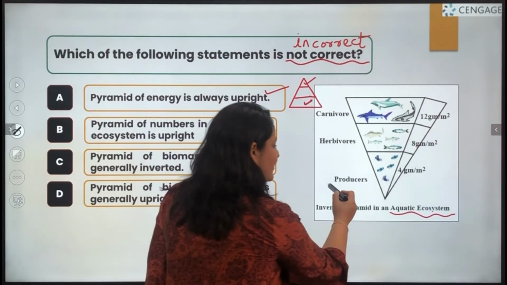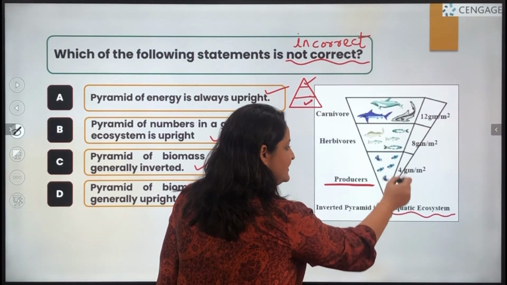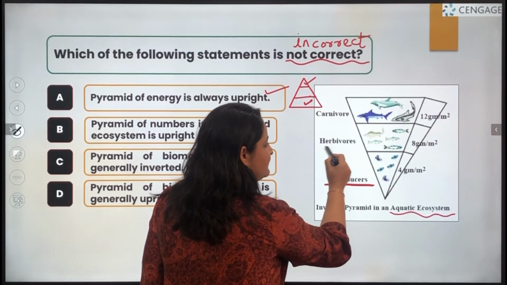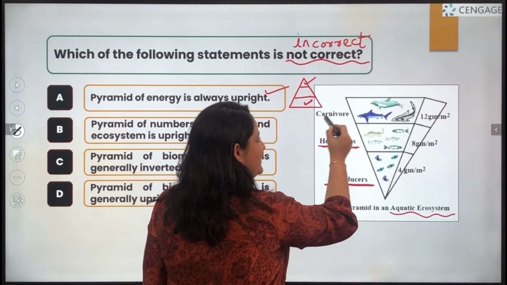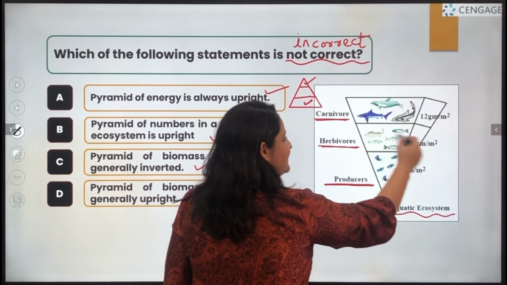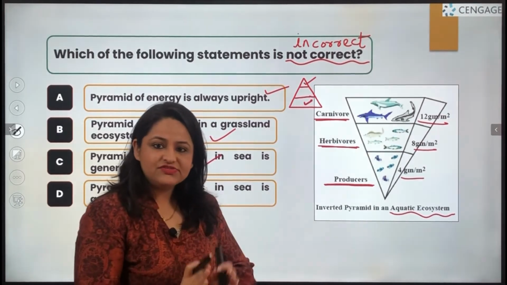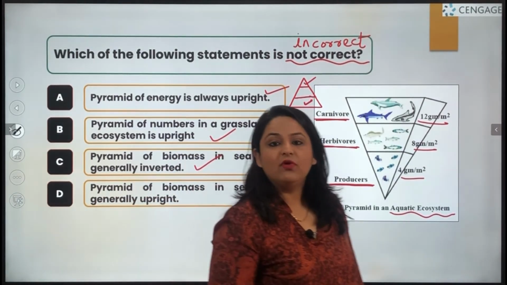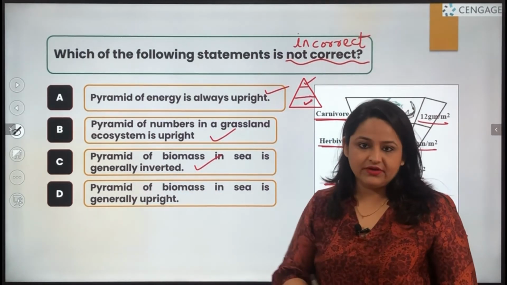Inverted as in the biomass of the producers is very small compared to the biomass of the herbivores which eat the producers, and subsequently the biomass of the carnivores, that is the large fishes, is much more compared to the herbivores. So this forms an inverted type of pyramid, and we can say that the third statement is correct.